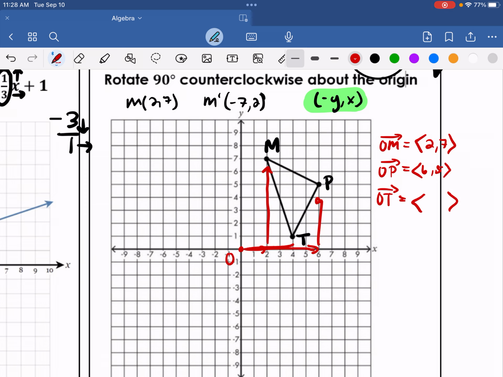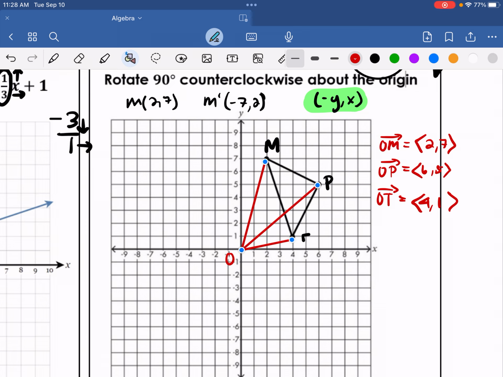Again, I did not turn my paper. This is when you don't want to turn your paper and you just want to leave it in its normal position. So now the vector from O to M, the vector from O to T, and the vector from O to P are the vectors that are going to rotate.